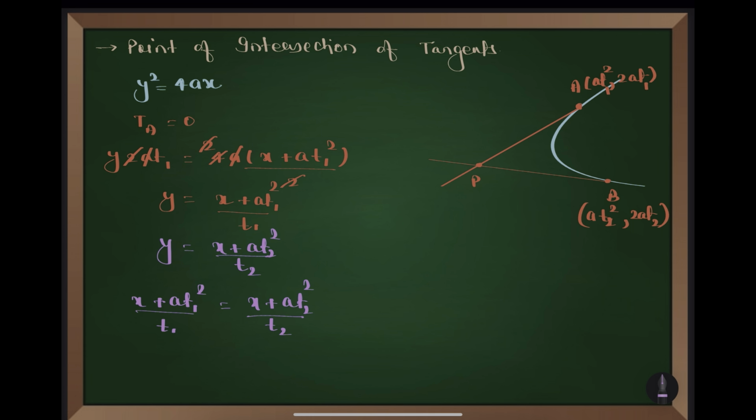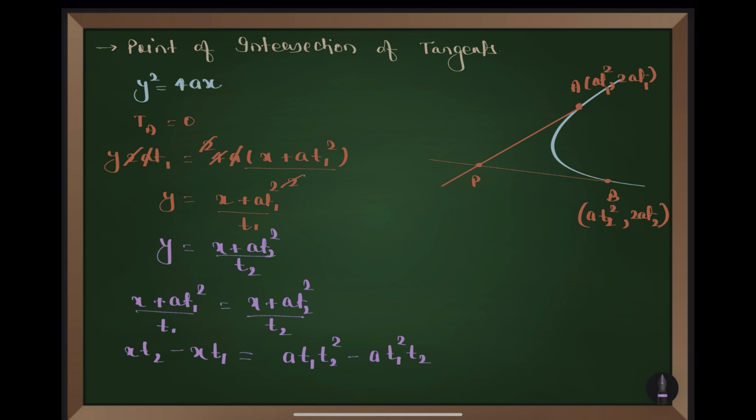So x t2 minus x t1 is equal to a t1 t2 square minus a t1 square t2. I did cross multiplication and kept the variable x on one side, remaining things on the other side.